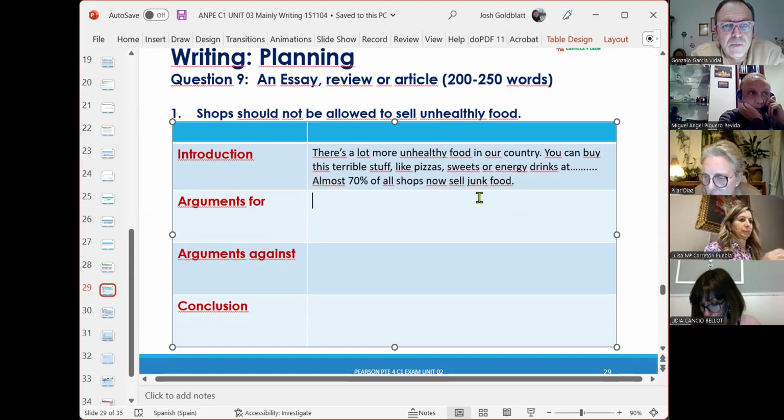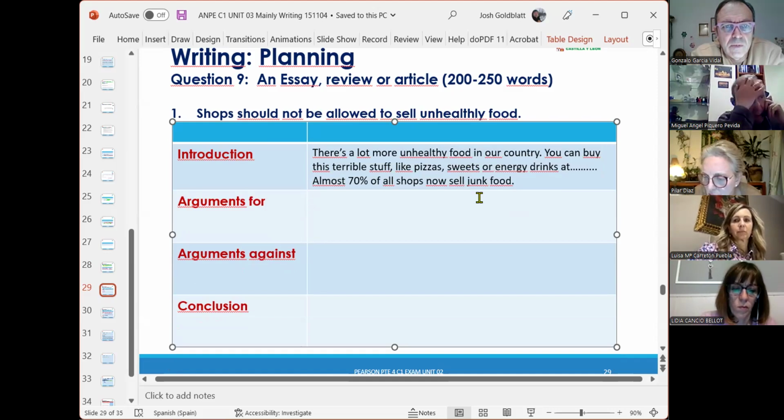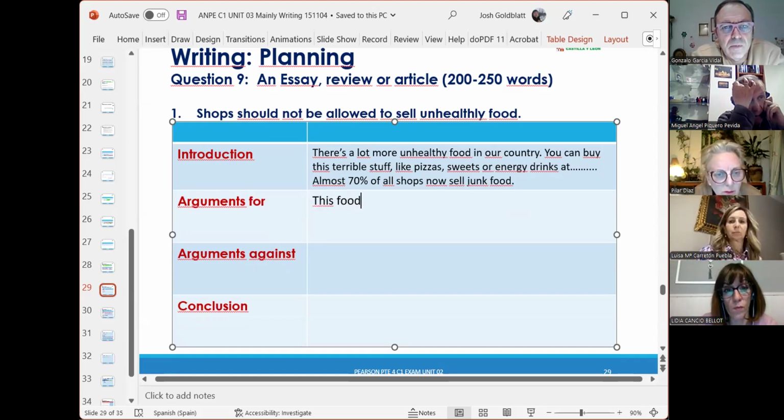Okay. So what are the arguments for supporting this, that we should not let the shops sell the food? Why don't we want this food to be sold? Because it increases overweight. Overweight, sobrepeso. Okay. All right.